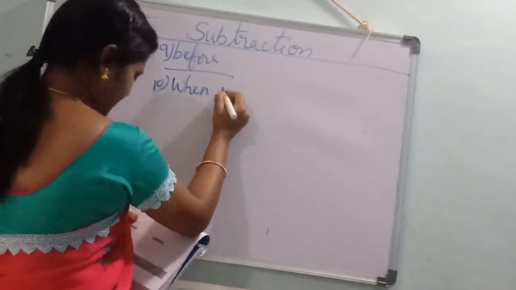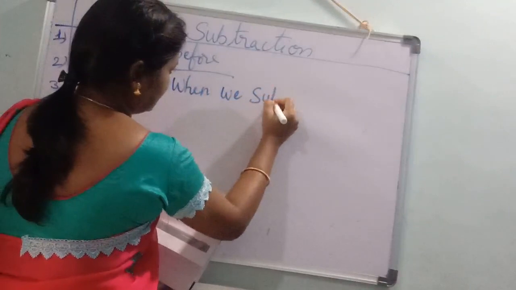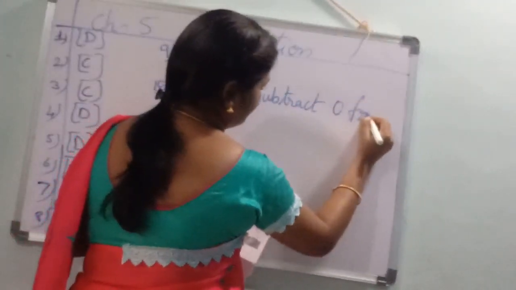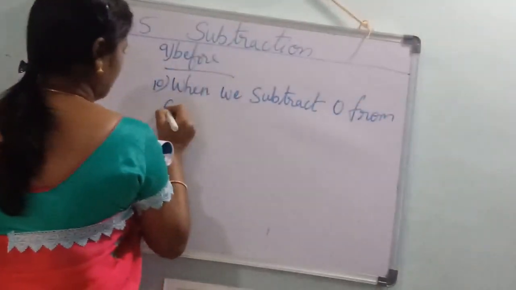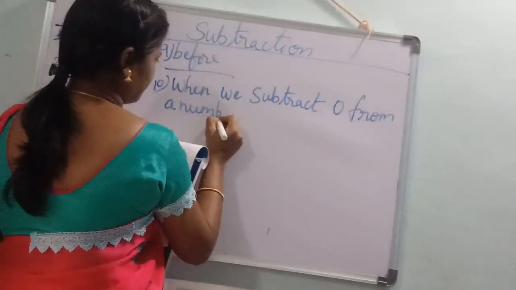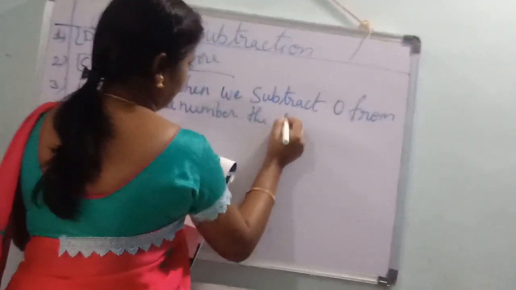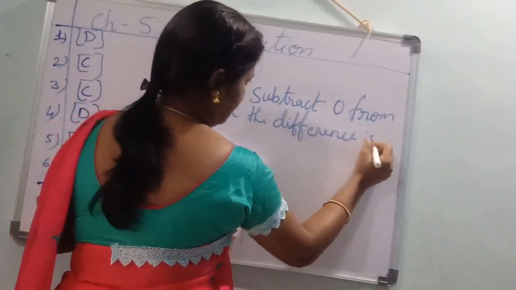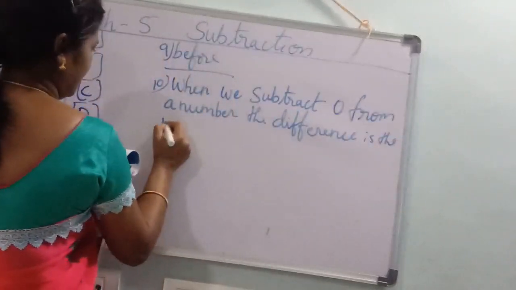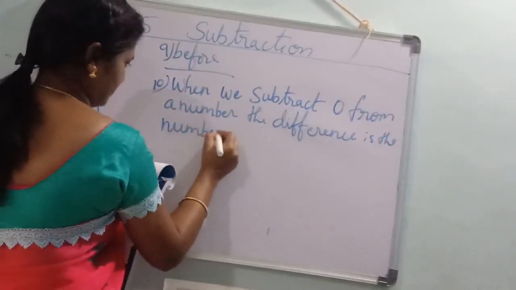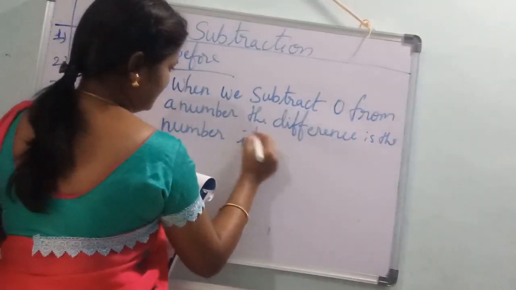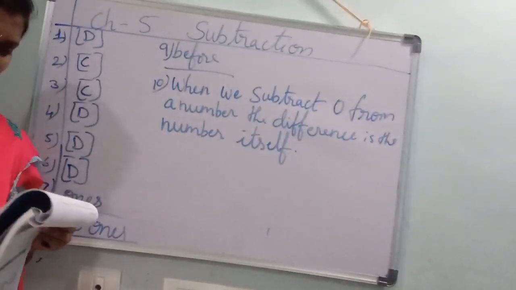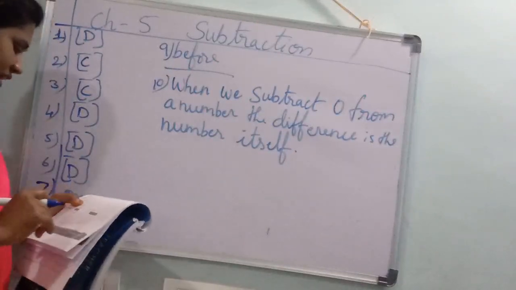When we subtract 0 from a number, the difference is the number itself. You compulsorily should learn this. Okay? Yes or no, children?